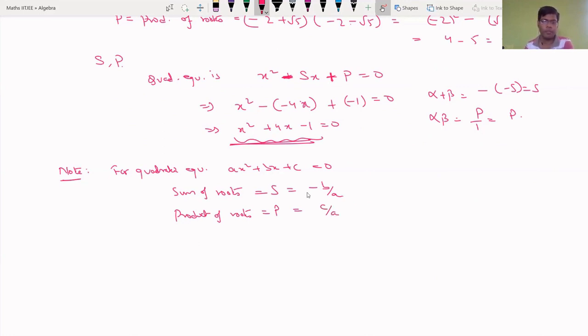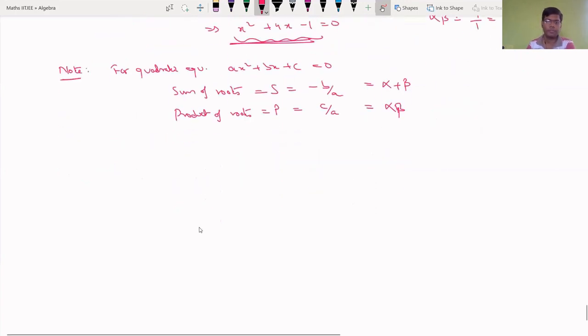So when I have a sum of the roots, which is alpha plus beta, where alpha and beta are the roots of this equation, it is given by minus of b by a, and similarly the product of the roots is given by c by a. Okay, let's go ahead doing one simple question.